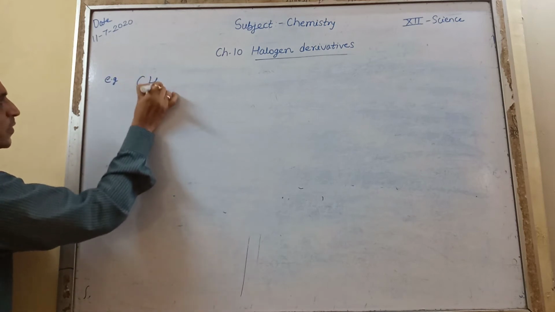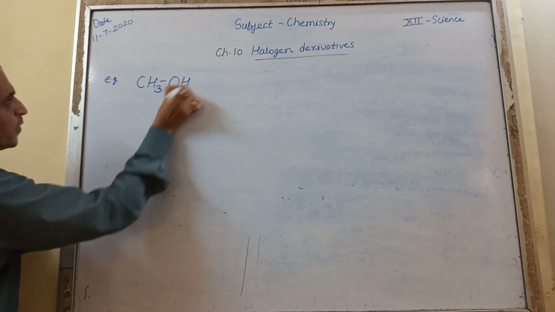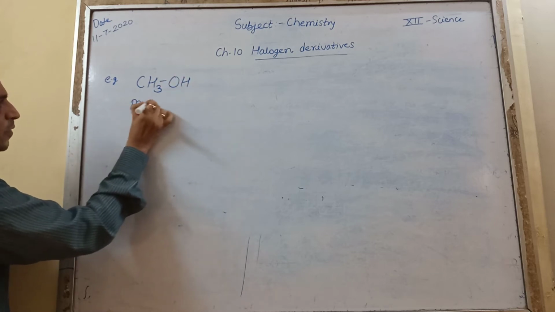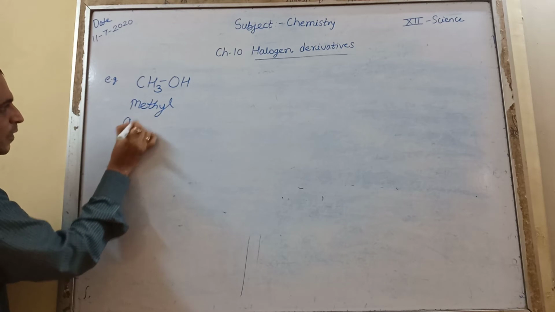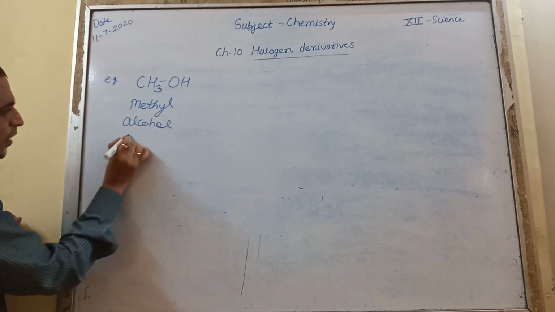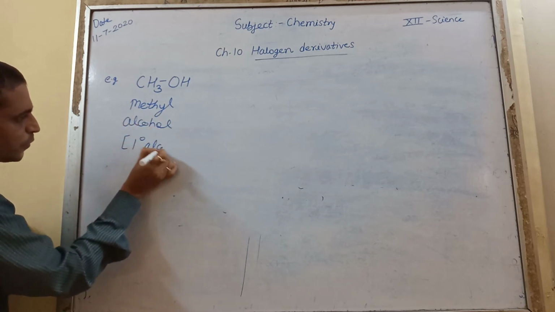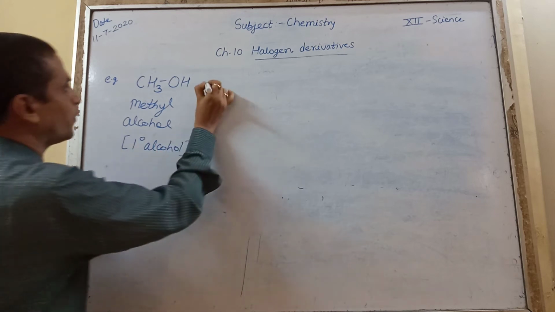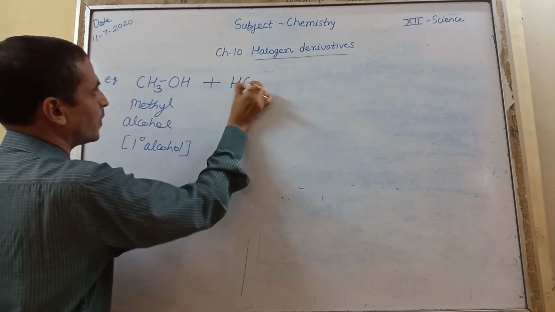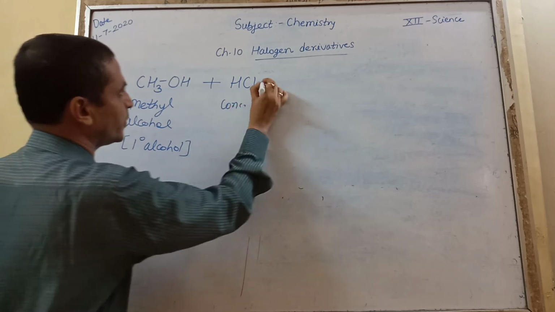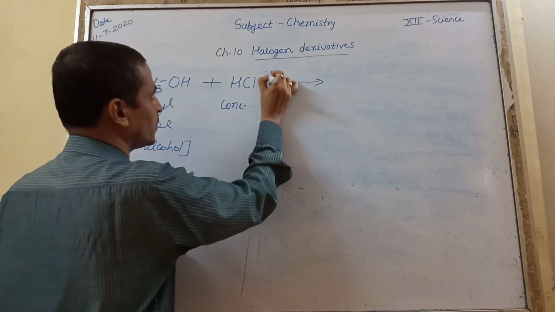First I will take CH3OH, that is methyl alcohol, and type is what? Primary alcohol, plus HCl, that is concentrated. Conditions required are what?